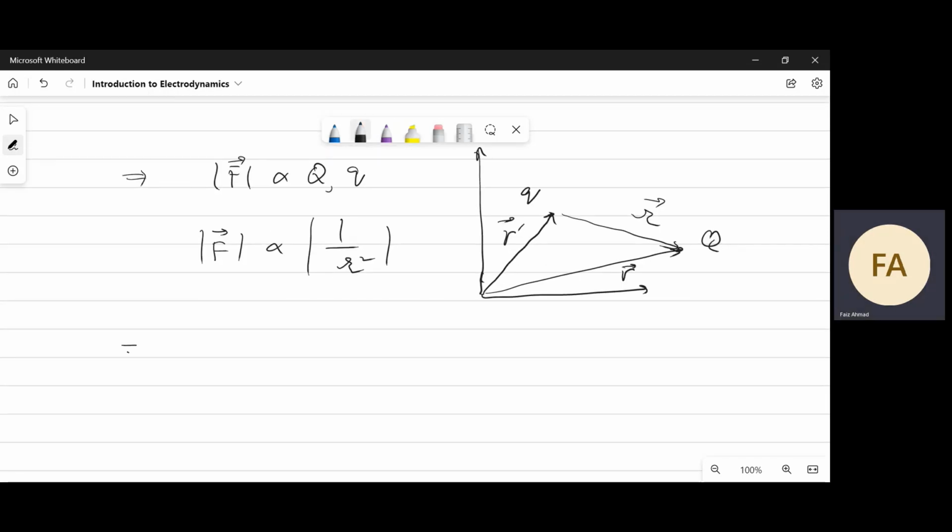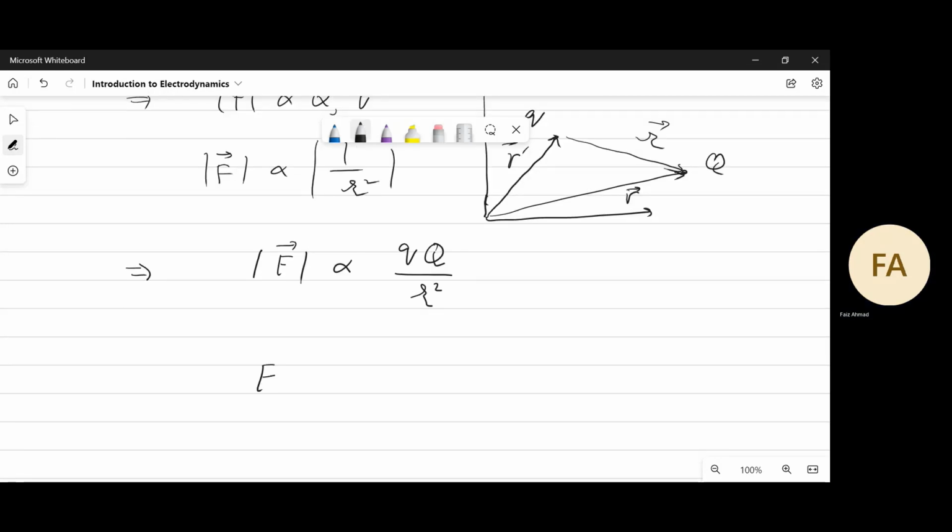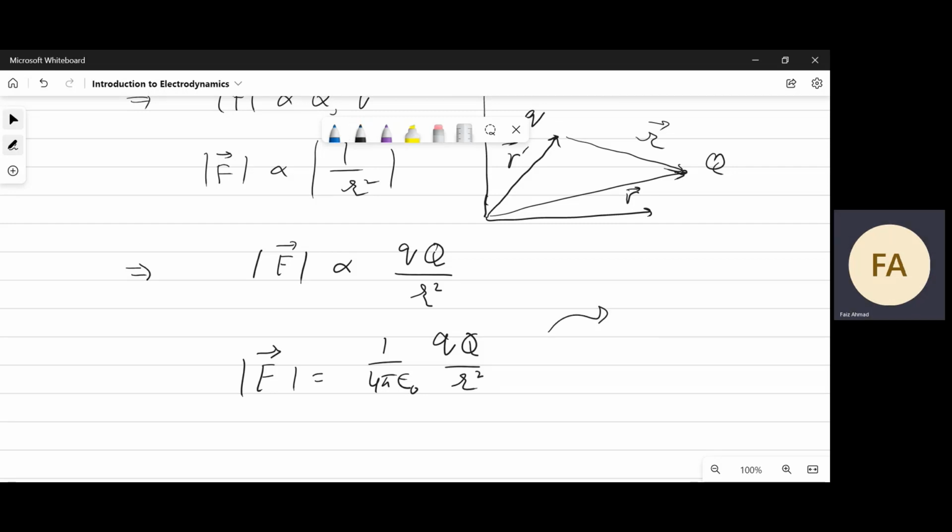So together it says the magnitude of F is proportional to Q Q prime divided by R squared, and F magnitude is equal to 1 over 4 pi epsilon naught, which is the constant of proportionality and is also denoted by K. K is equal to 1 over 4 pi epsilon naught.